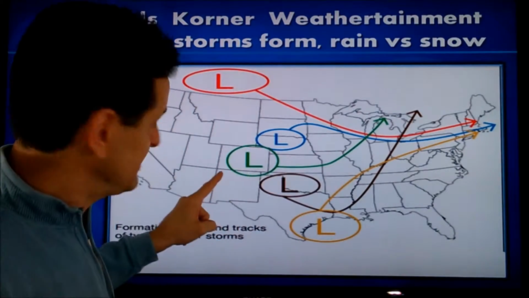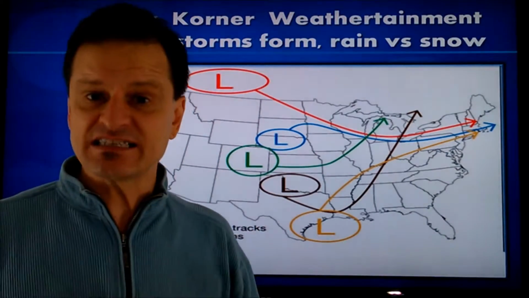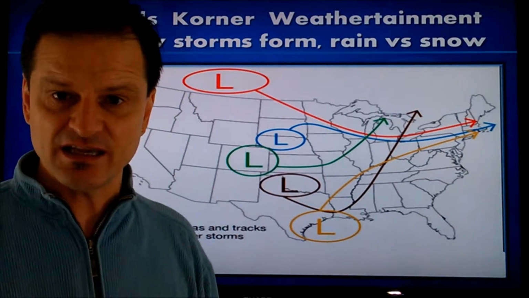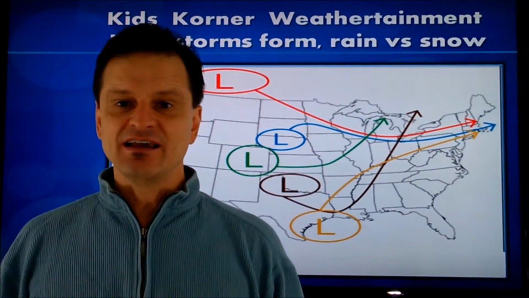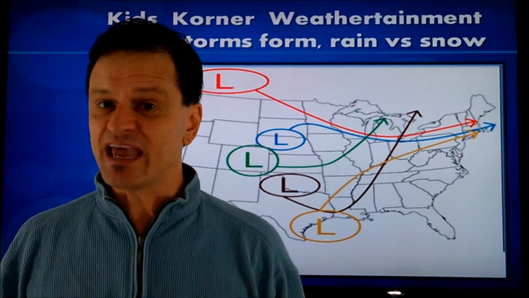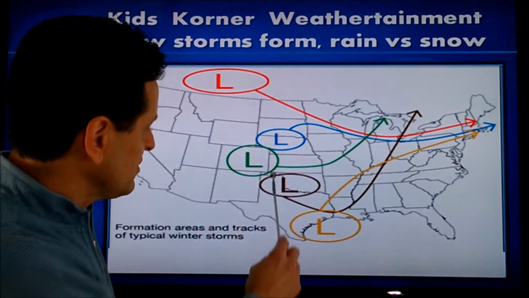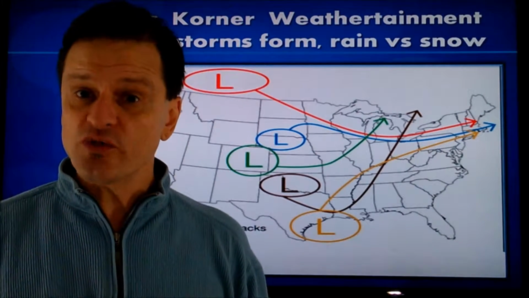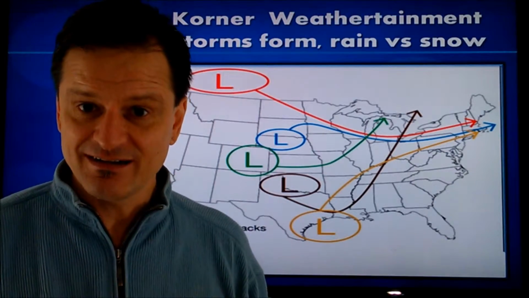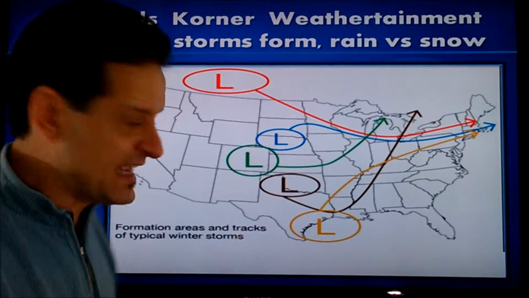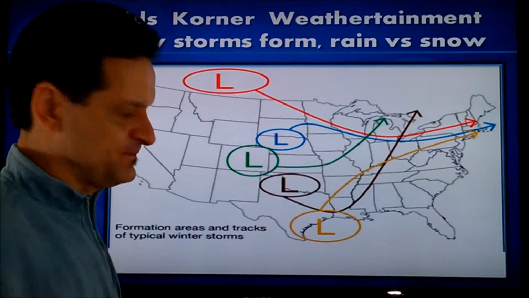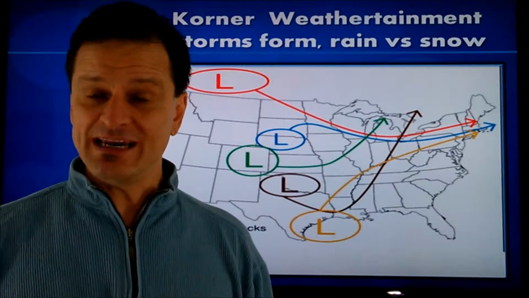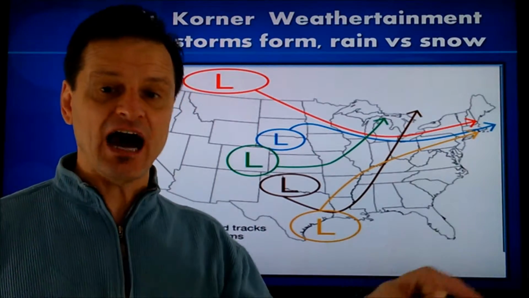And the same can be said, by the way, for high pressure systems, which are the opposite of low pressure systems. And this is a good time to point out that they have different names, and that's okay too. We generally call low pressure systems either low pressure, or they could be called a cyclone. They're the same thing. We designate them on a weather map with the letter L. The opposite would be a high pressure system or an anticyclone, anti meaning opposite.